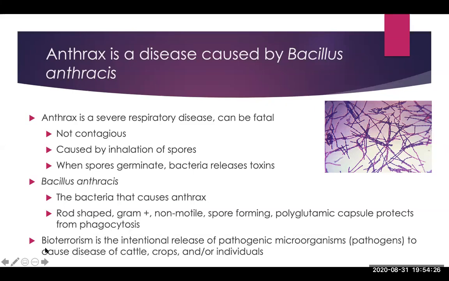And as I mentioned, this is a bioterrorism organism. And it's only a bioterrorism if someone has intentionally released the pathogen in order for it to cause disease. And that can be to cattle, which is actually the most likely if, in reality, if we were going to have a bioterrorist threat with anthrax, they would probably target cattle, or a different disease to target crops.